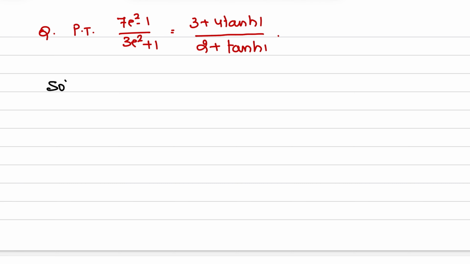Now, what are the hyperbolic functions of the unit hyperbola? The definitions are very, very important. Please keep in mind and please remember these definitions, very important definitions in hyperbolic functions. Sin hyperbolic x is defined as, it's a definition, please remember this: sin hyperbolic x is equal to (e to the power of x minus e to the power of minus x) by 2.